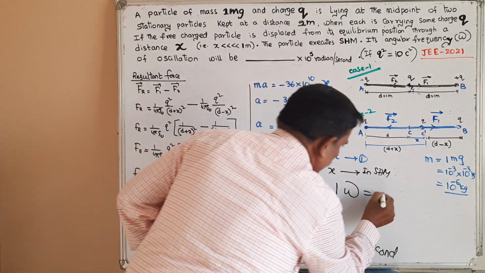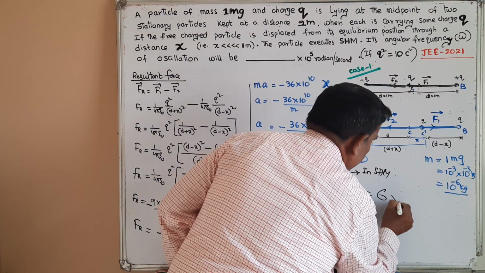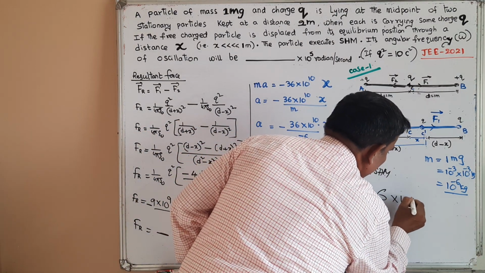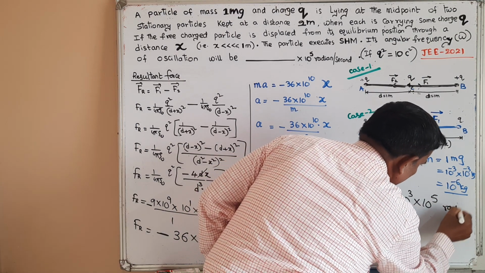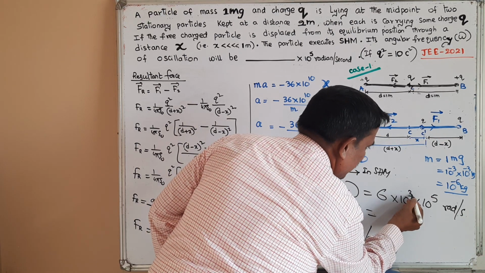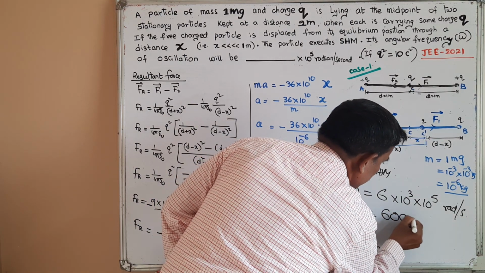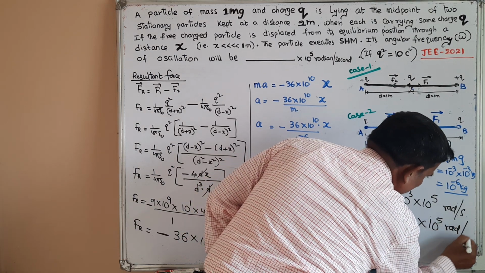The 6 into 10 power 8 can be written as 10 power 3 into 6 into 10 power 5 radian per second. Omega is 10 power 3, which means 1000, so 6000 into 10 power 5 radian per second.